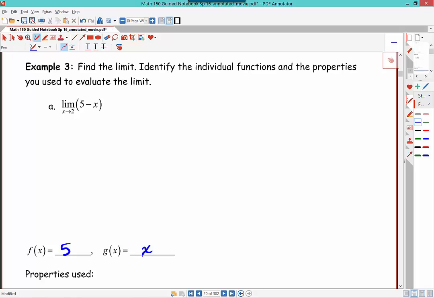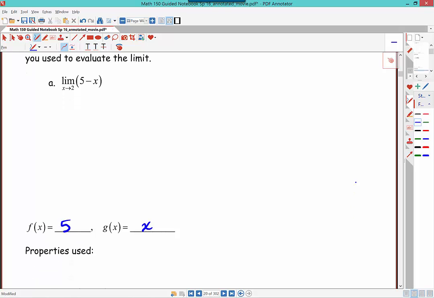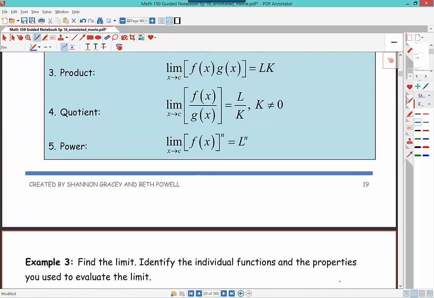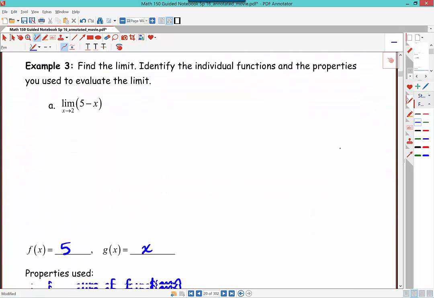The way I've set it up, we're going to have the limit of a sum of functions, and that's number 2, the sum or difference property.